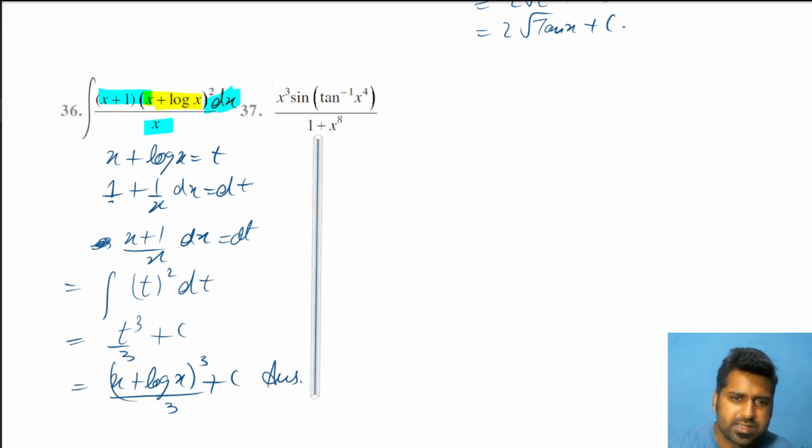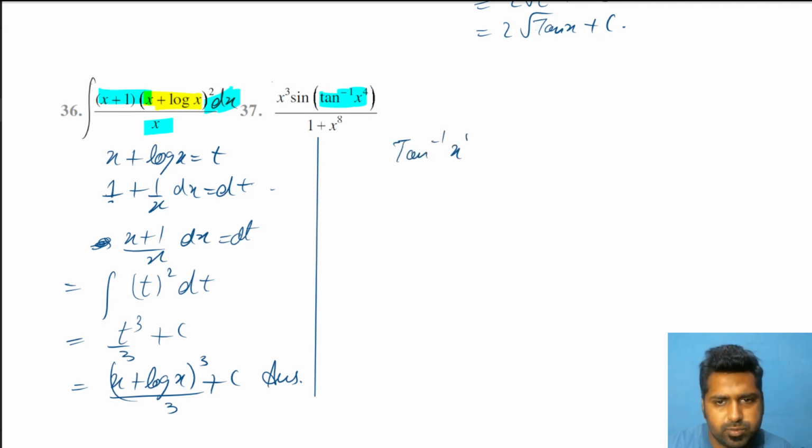Same thing about the last of this question. Which is the most weird looking expression? x raised to power 3, fine. Sine, there is a tan inverse x raised to power 4 inside it. So let that be your t. Tan inverse x raised to power 4 is t. What is the differentiation of tan inverse?